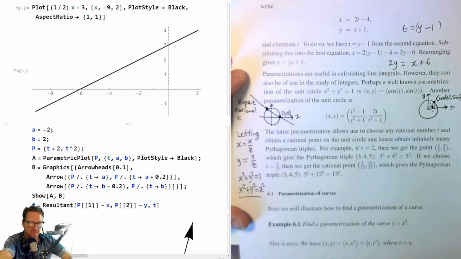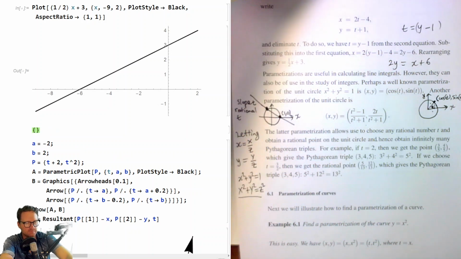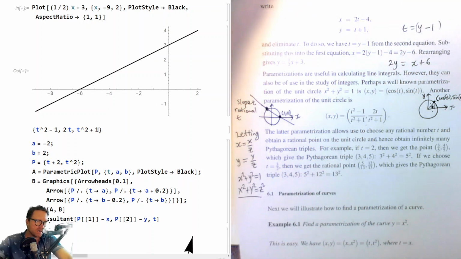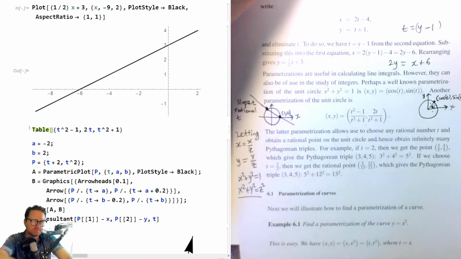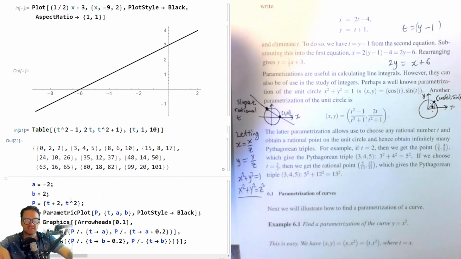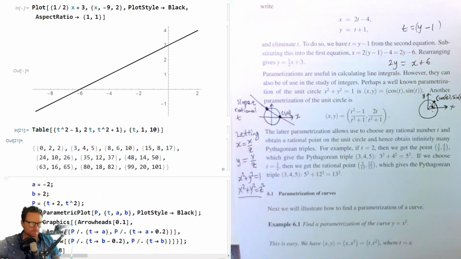If I just take t squared minus 1, 2t and then t squared plus 1, and then I just make a list of these, choosing t over integers, I get a list of Pythagorean triples.